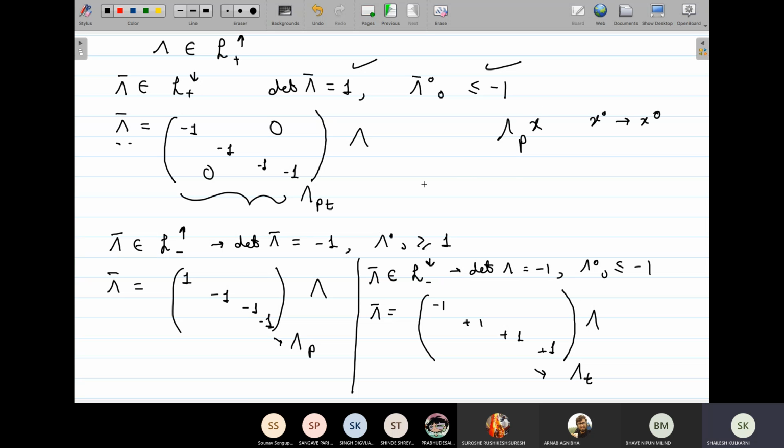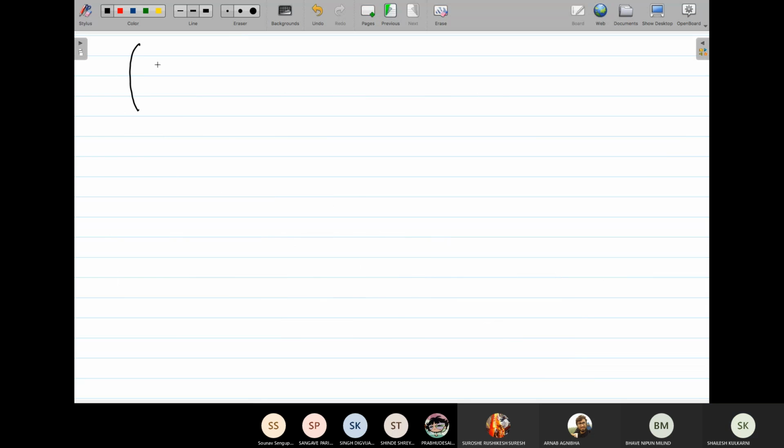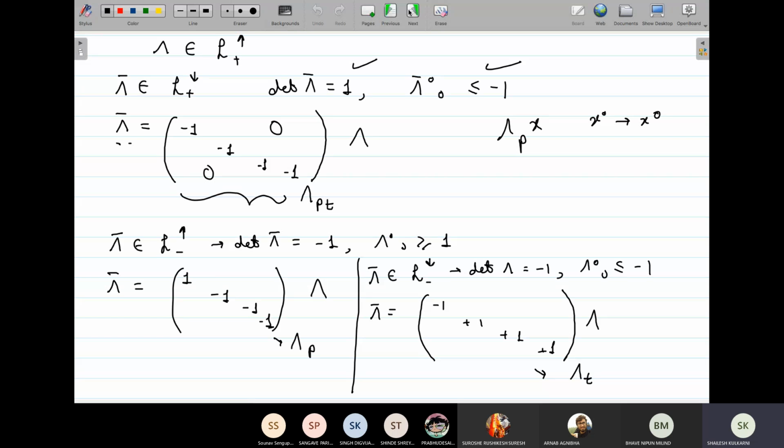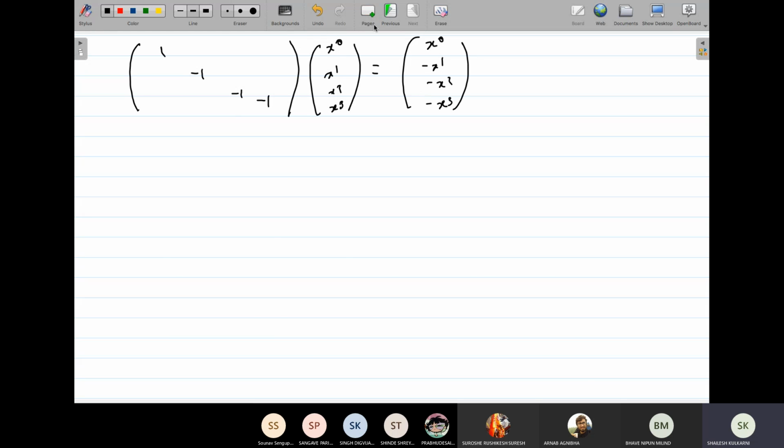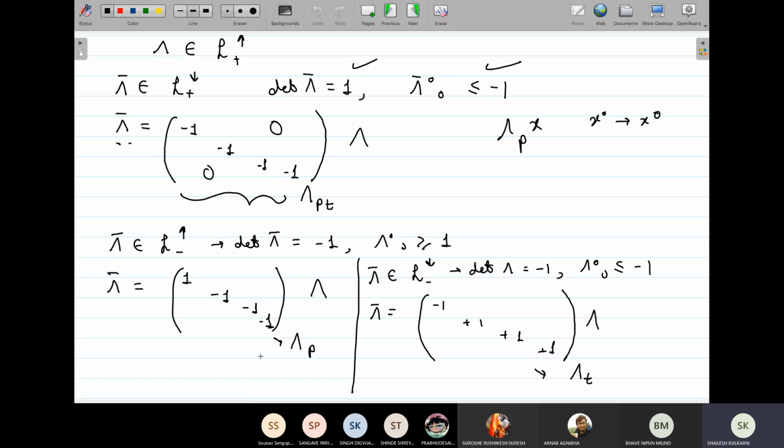So lambda p, which was 1 minus 1 minus 1 minus 1, acts on x0, x1, x2, x3. What is going to happen? It will give me x0. This will give me minus x1, this will give me minus x2, this will give me minus x3. So this represents parity.